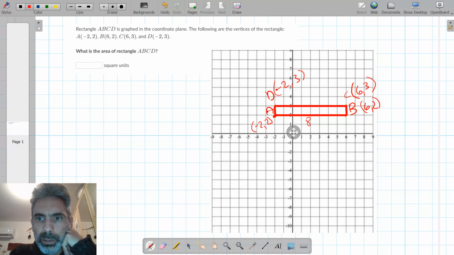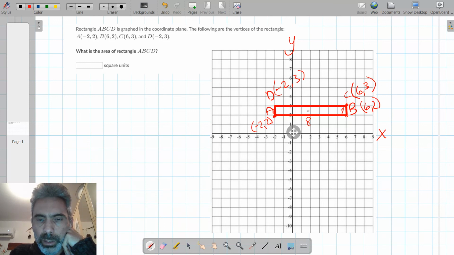And the height is 1, because the distance between 2 and 3 on the y-axis is 1. This is the y-axis, this is the x-axis.